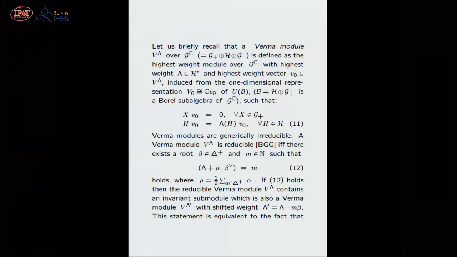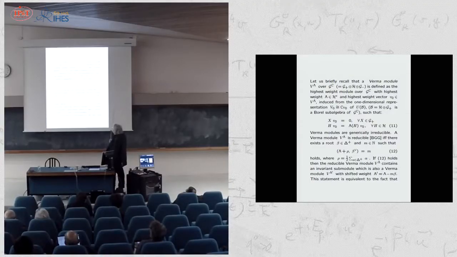I just recall now something from representation theory. You have Verma modules V lambda. Lambda is the highest weight. Everything can be done also in lowest weight, and in half of my papers it's lowest weight and the other half highest weight. It doesn't matter, except when considering unitary representations.